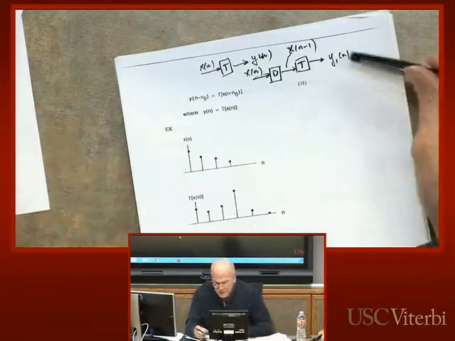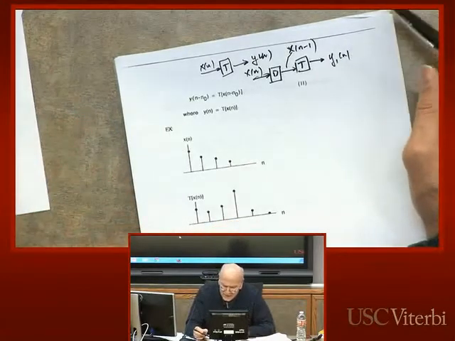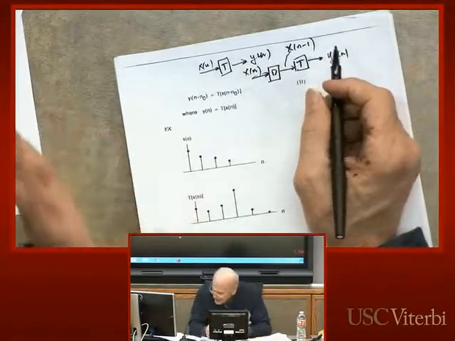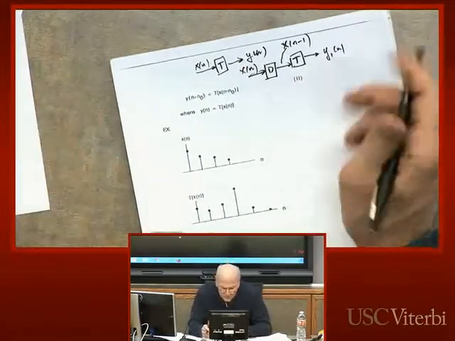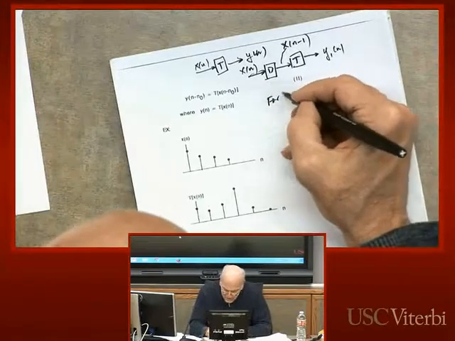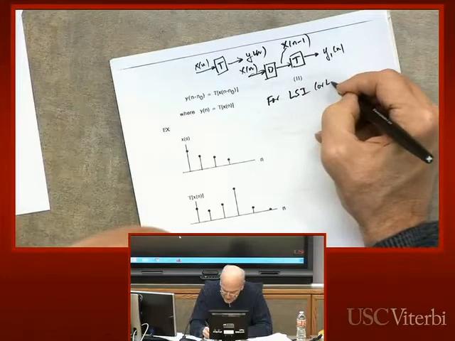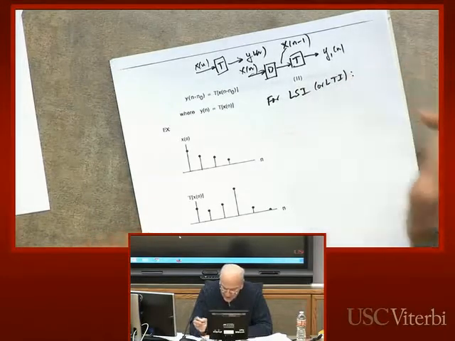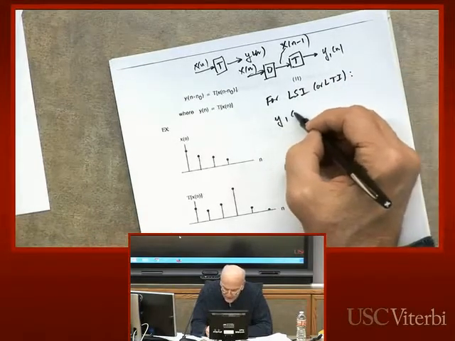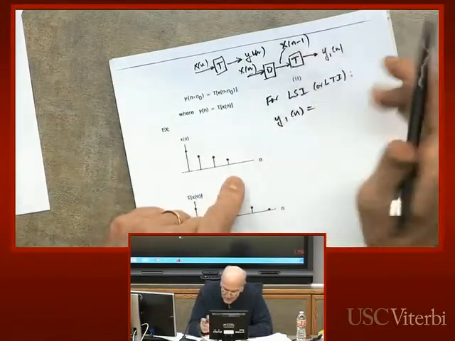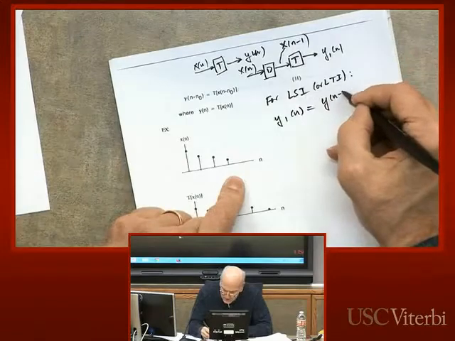So the question is, what is y1 of n? Can we somehow relate it to y of n? And the answer is yes, you can, if the system is linear shift invariant. For LSI or LTI systems, linear time invariant, either one, same meaning, y1 of n is equal to y of n minus 1, see?